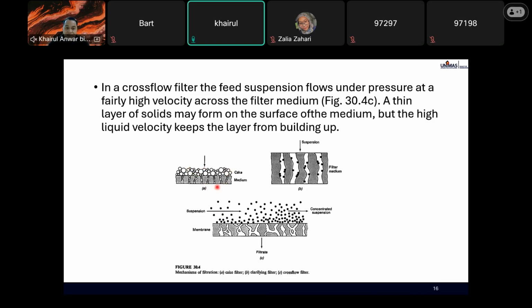This is the cake, this is the medium. This is the clarifying filter, this is the cross flow filter. The clarifying filter, another word for it is, what do we call it?